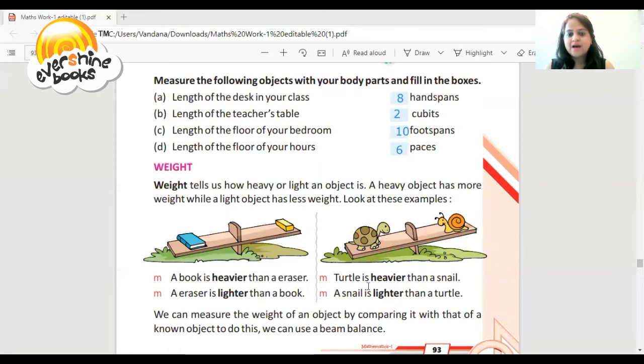Now, come to this example, turtle and snail. A snail is very light. So, a turtle is heavier than a snail, and a snail is lighter than a turtle, because a turtle's weight is heavier than a snail's. Okay, students? Very good.